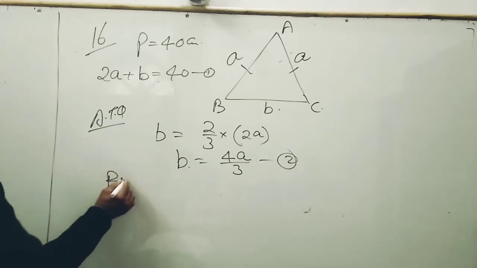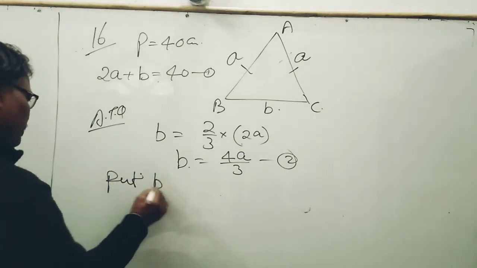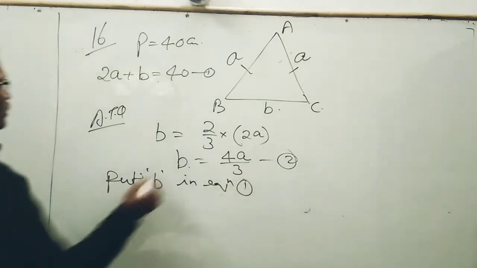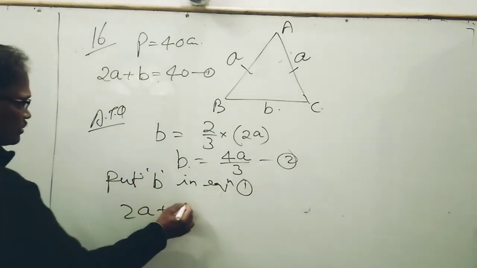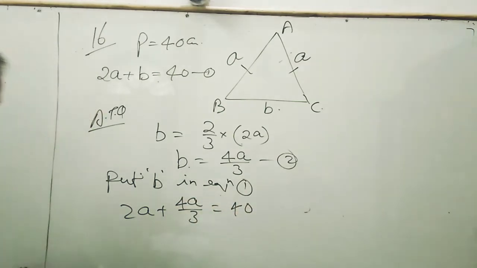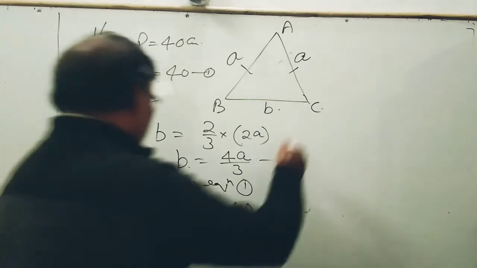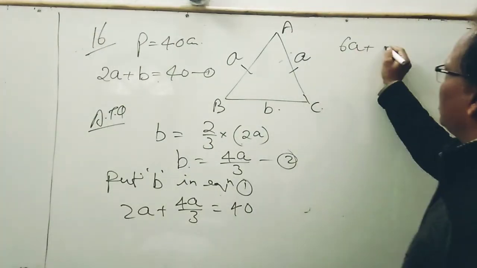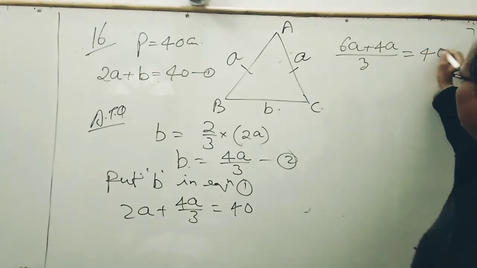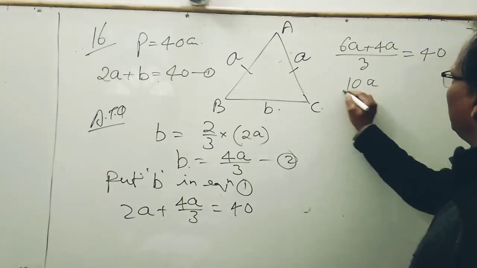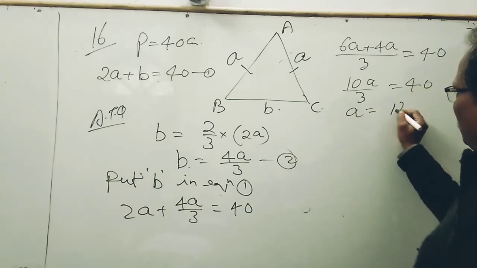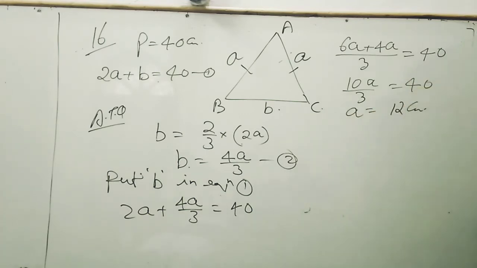So putting b in equation 1, you will get 2a plus 4a by 3 is equal to 40, and then simplify it. So you will get 6a plus 4a, 10a by 3, or a is equal to 12 centimeter after calculation.